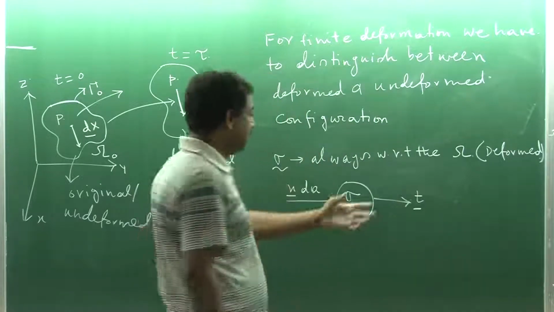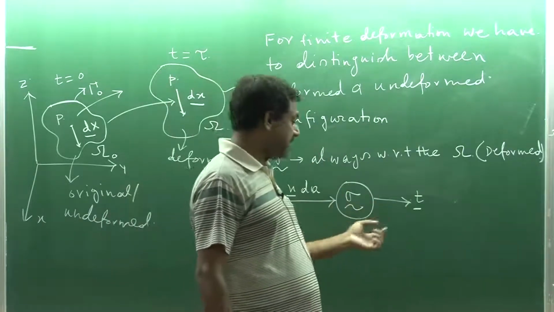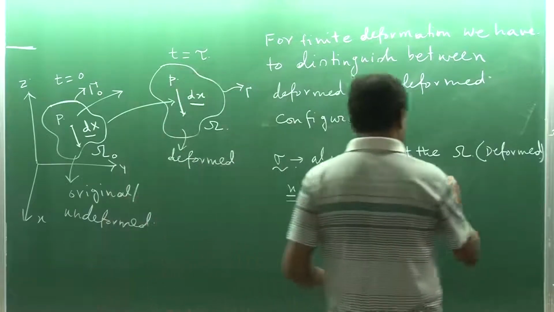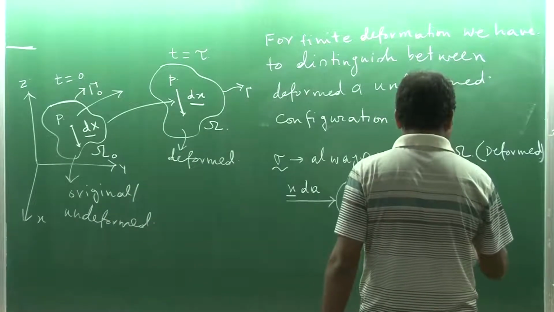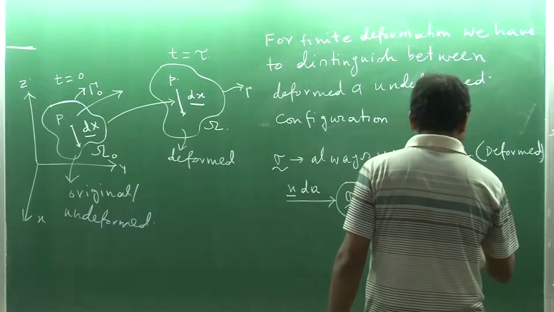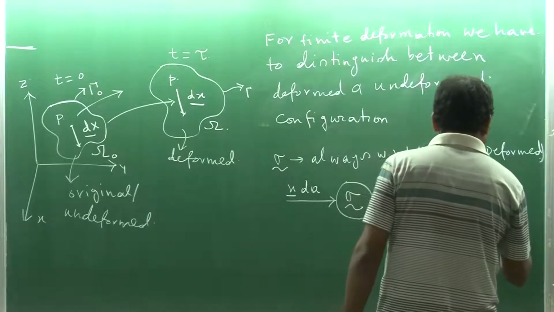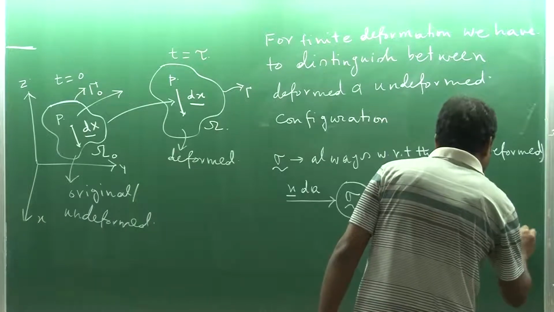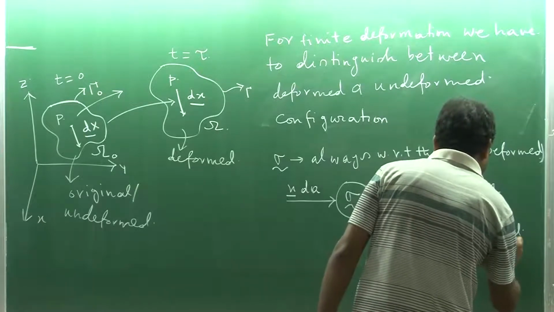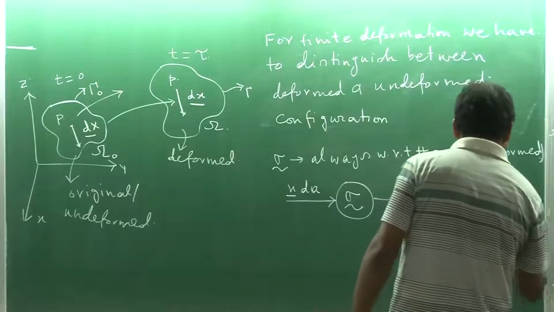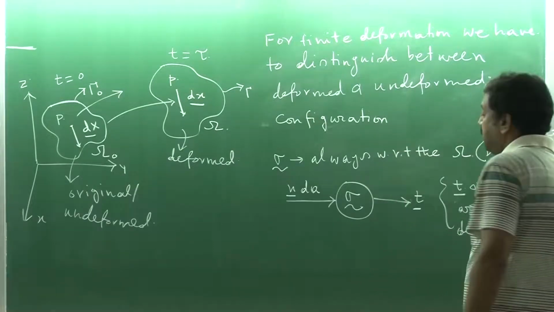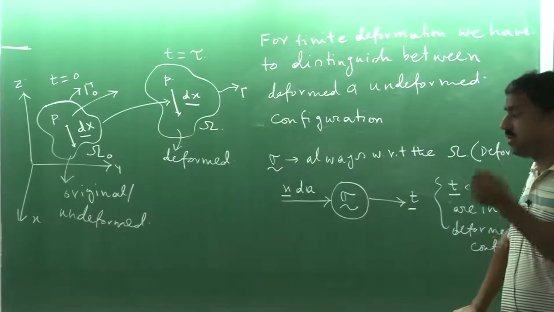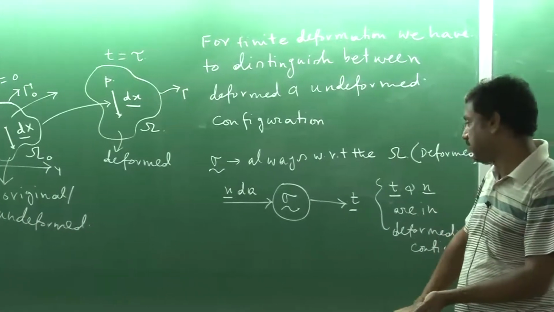So, the normal vector and the traction are both defined in the deformed configuration, which means capital omega. So, when we define the Cauchy stress tensor, it is always with respect to the deformed configuration.